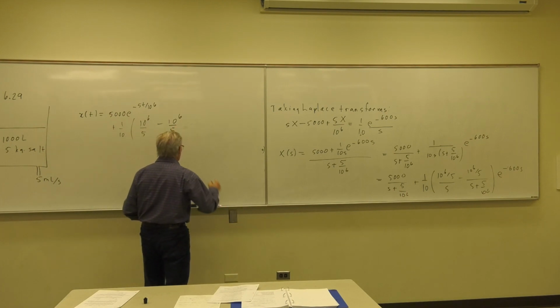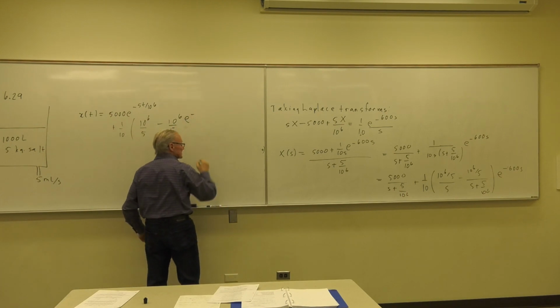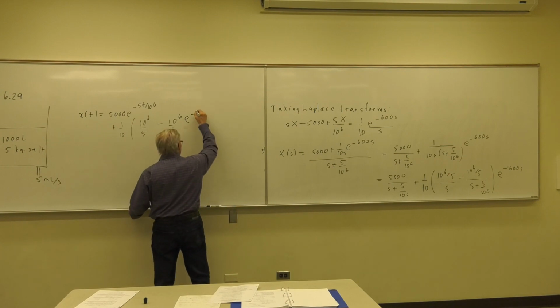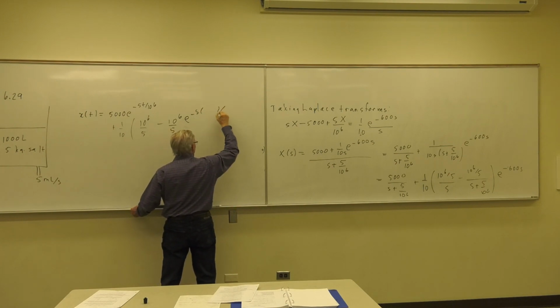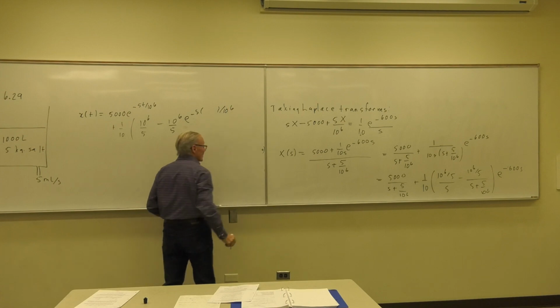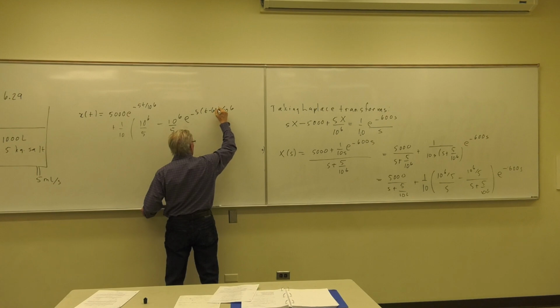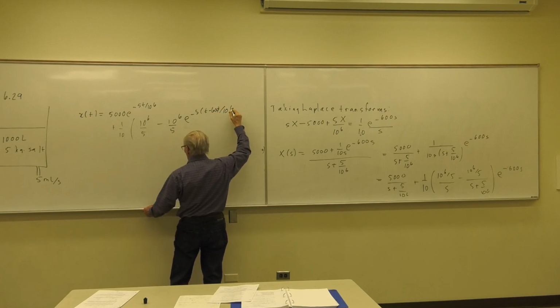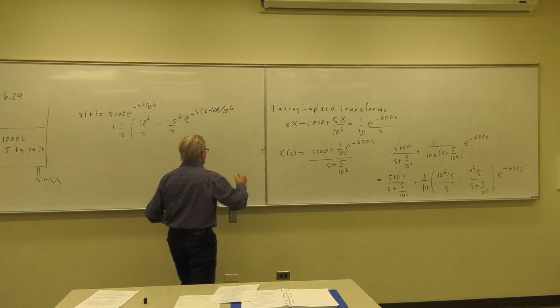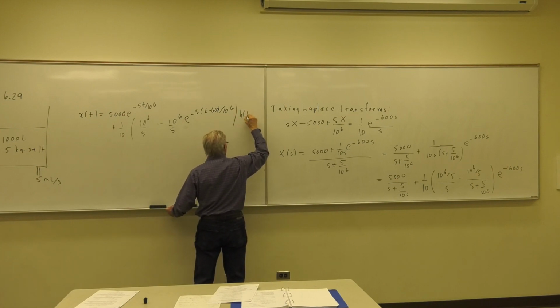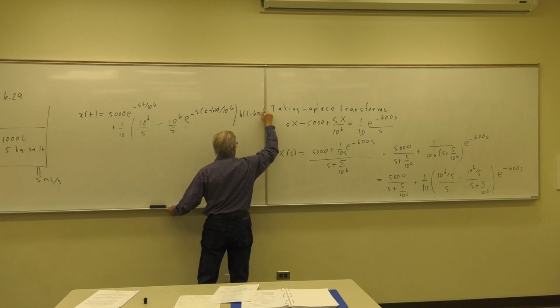And that's going to be an exponential, e to the minus 5t over 10 to the 6th. But instead of the t, we're going to drop in t minus 600. And then we're going to multiply all of that by h of t minus 600.